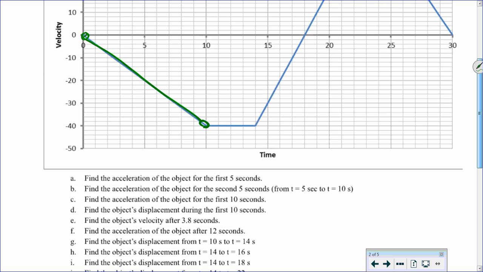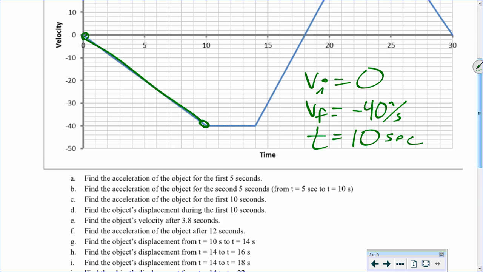Okay, it's changing, right? So the idea is I know my initial velocity is 0, and I know my final velocity is -40. All right, I know at least one other thing. I know that 10 seconds worth of time pass. Just by looking at the graph, you can find your acceleration.